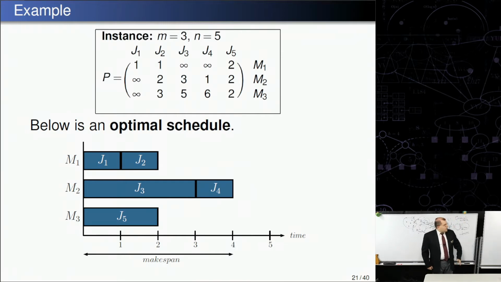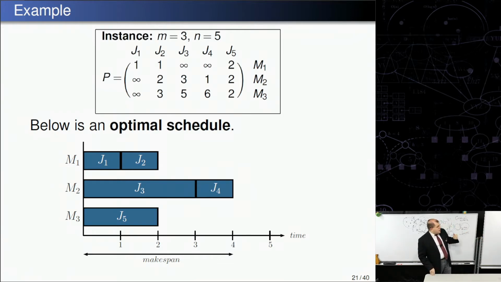But my point here is that you'll notice that the processing time actually can vary between the machines, and there's no intrinsic relationship the jobs and machines have when it comes to processing time. Just to illustrate, here's an example of a schedule. For example, I've scheduled jobs 1 and 2 on machine 1, but you'll notice that now, unlike in the first case, I don't have a lot of the nice cozy properties I had before, because a job could take very long if I were to schedule it onto a different machine.